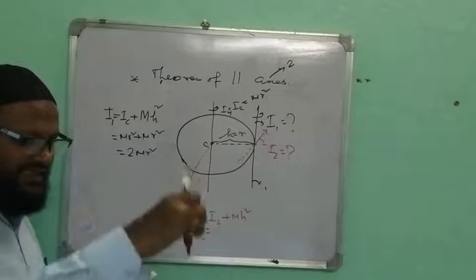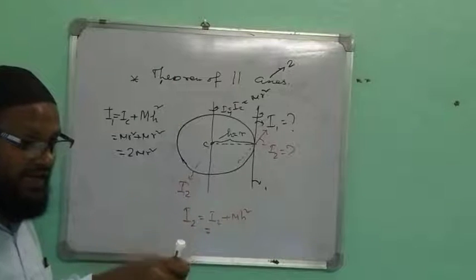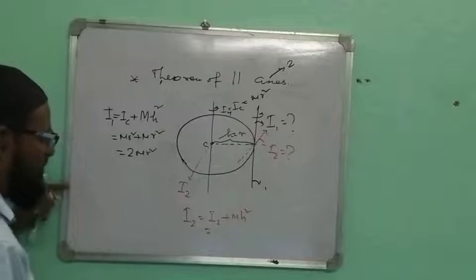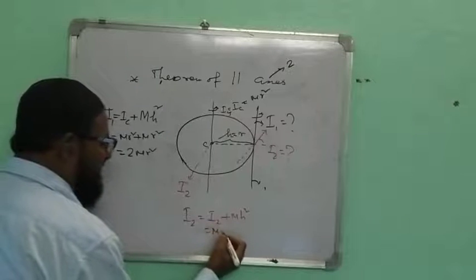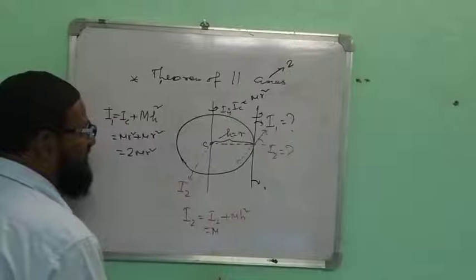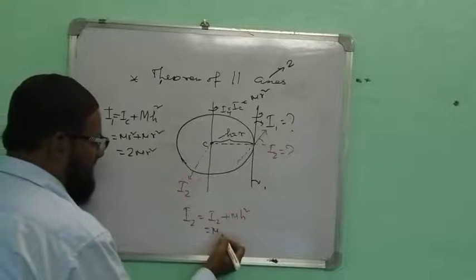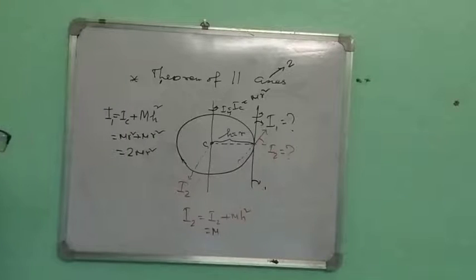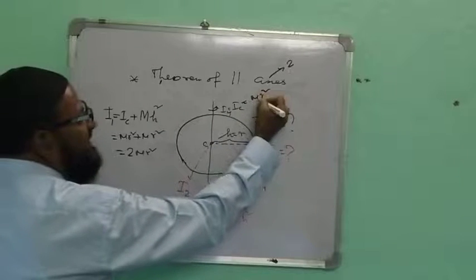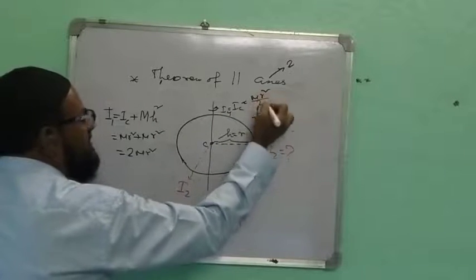With respect to this axis, what is the formula for the ring? M R square. That is wrong. Here I_X is not M R square, it is M R square by 2.